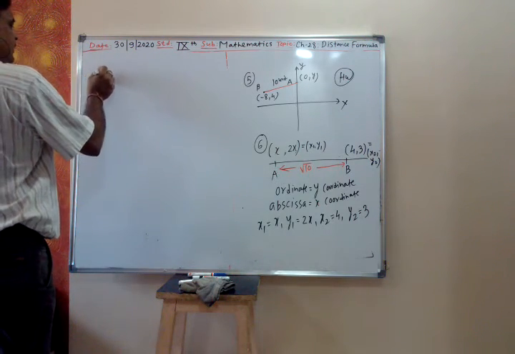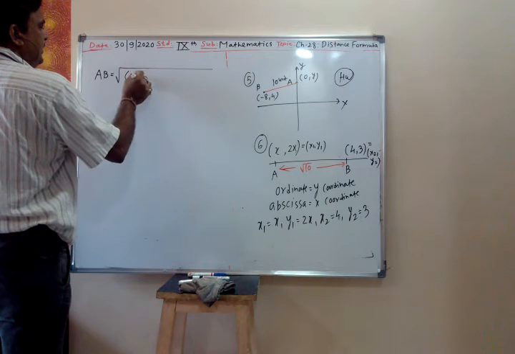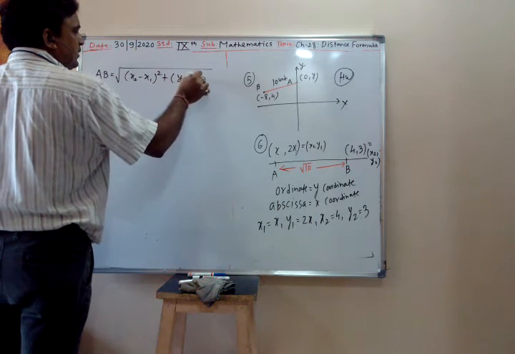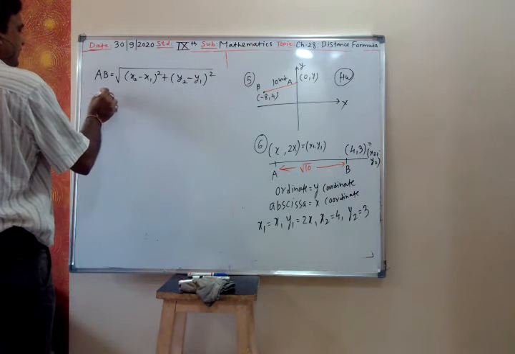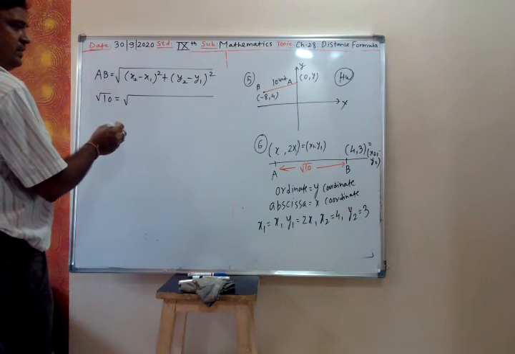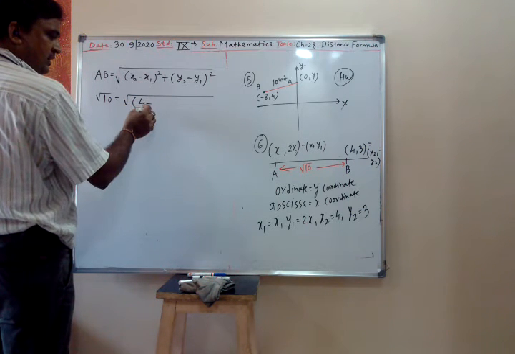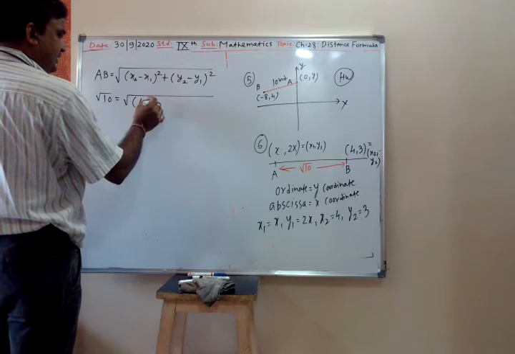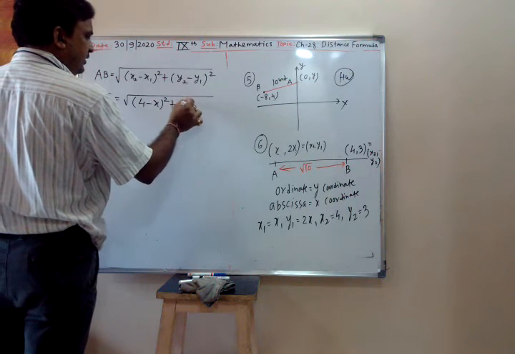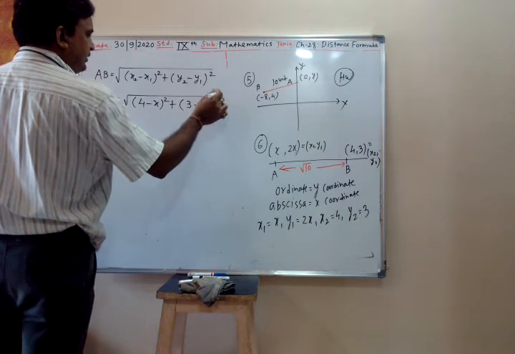AB is square root of x2 minus x1 square plus y2 minus y1 square. So AB is given, root 10 is equal to square root of, x2 is 4, minus x1, x, 4 minus x square, plus y2 is 3 minus y1 is 2x, 3 minus 2x square.